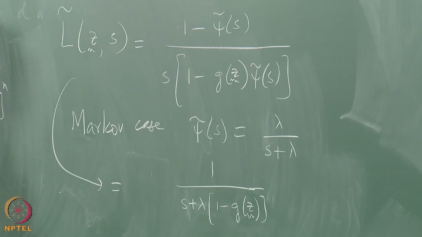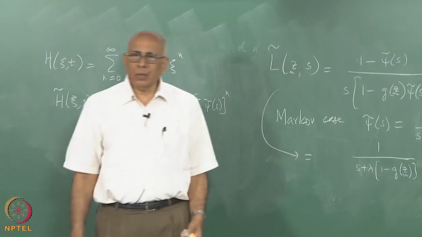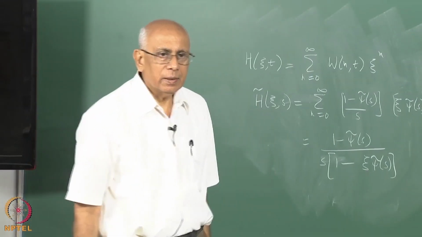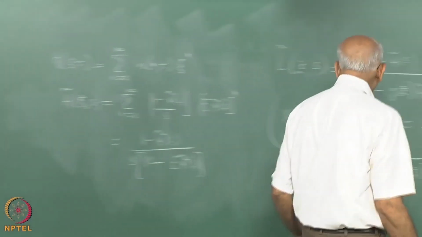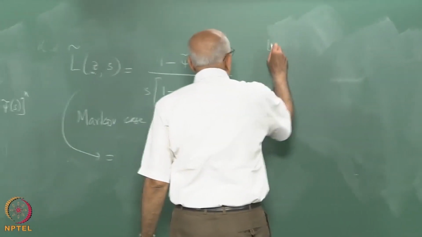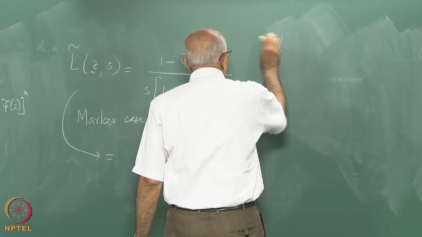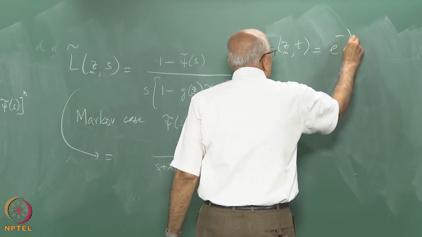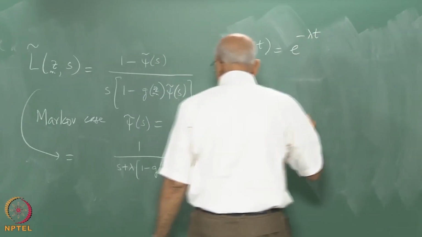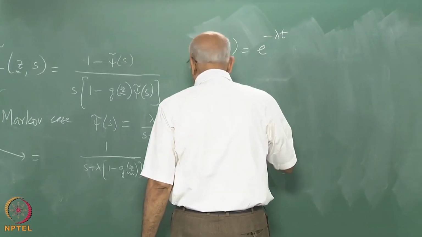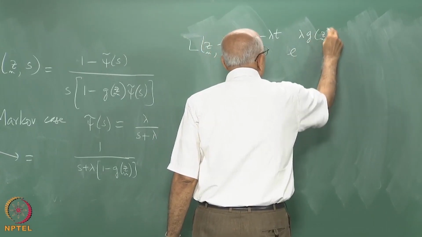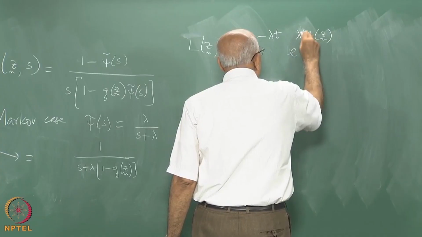And of course we can invert this transform in time. 1 over s plus anything, s plus a constant independent of s, is e to the minus that constant times t, right. So that immediately tells us L tilde L of z t equal to e to the minus lambda t e to the lambda g of z lambda t times g of z.